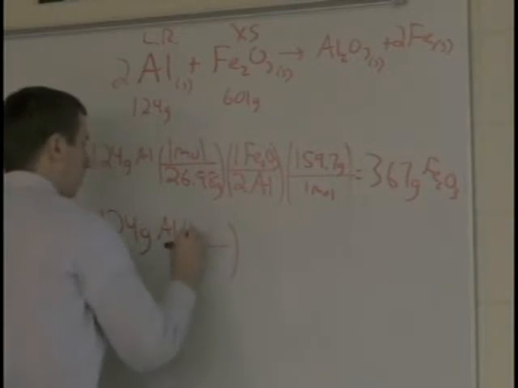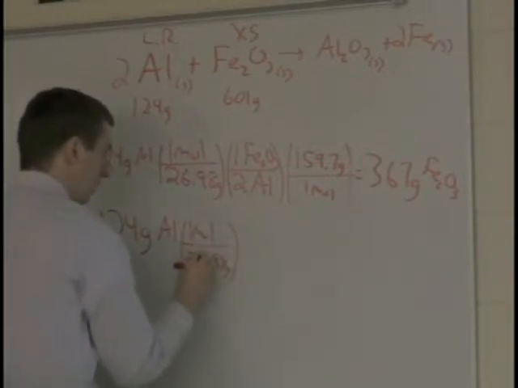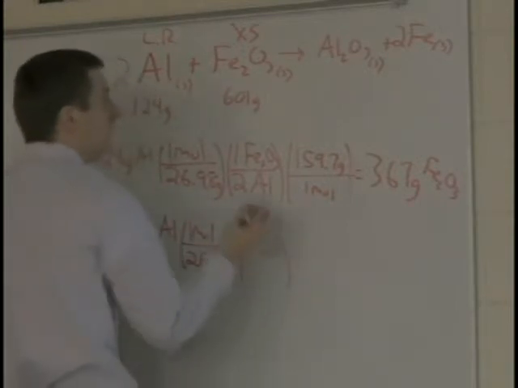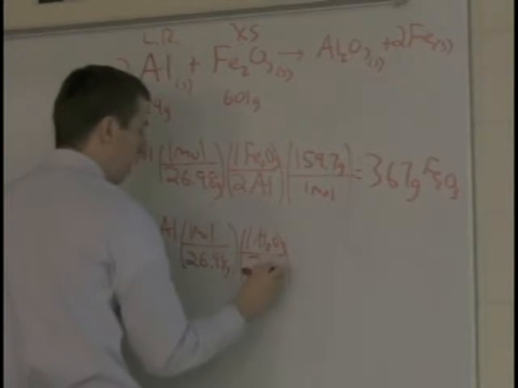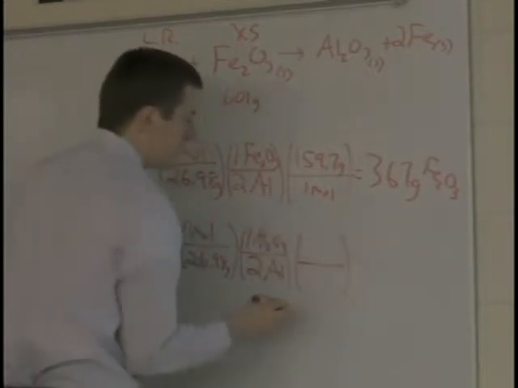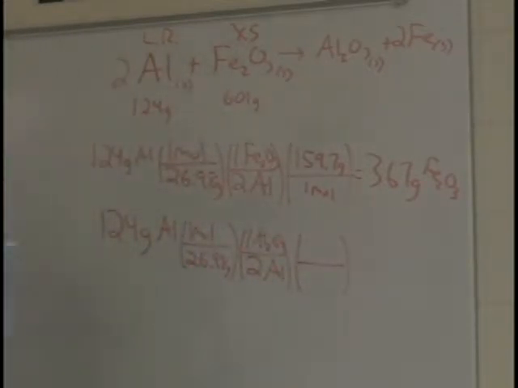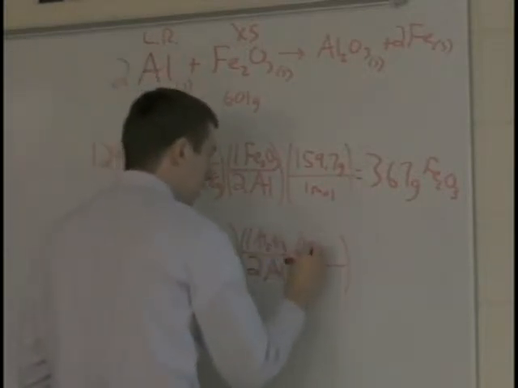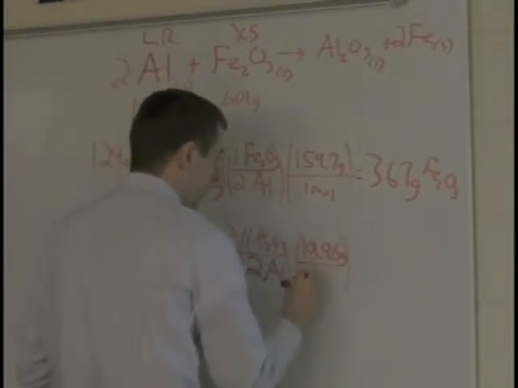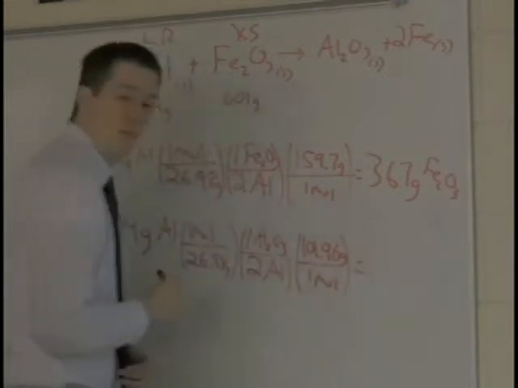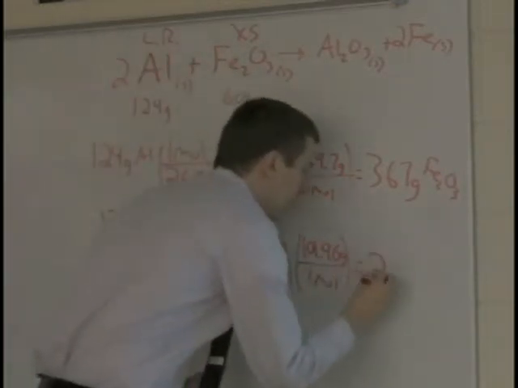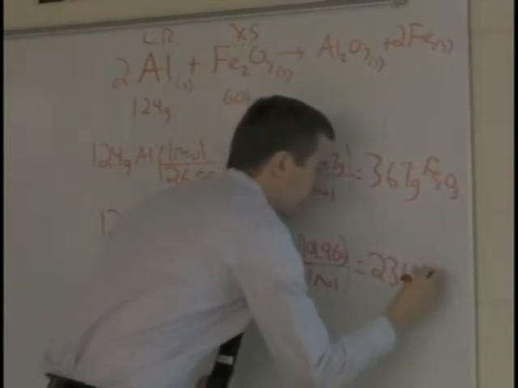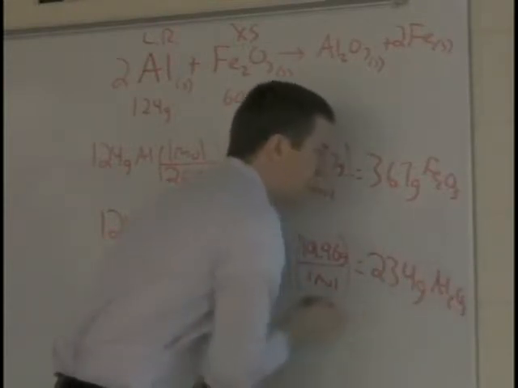First step, 1 mole over 26.98 grams. Second step is there's 1 of the Al2O3 for every 2 of the Al. Third step is 101.96, my grams in 1 mole. My final answer for how much aluminum oxide could be made is 234 grams of Al2O3.